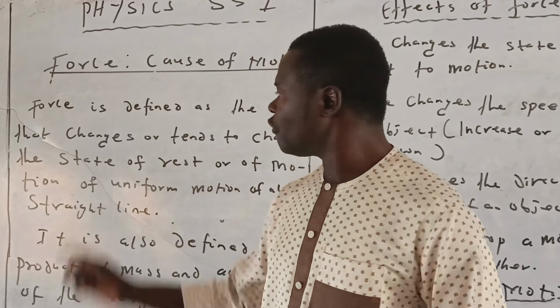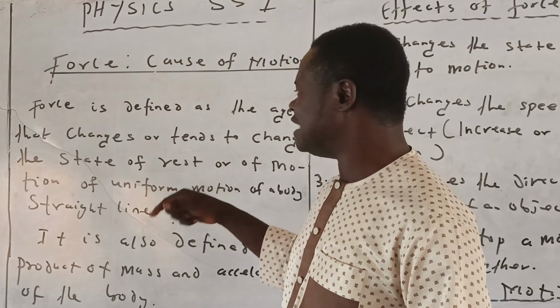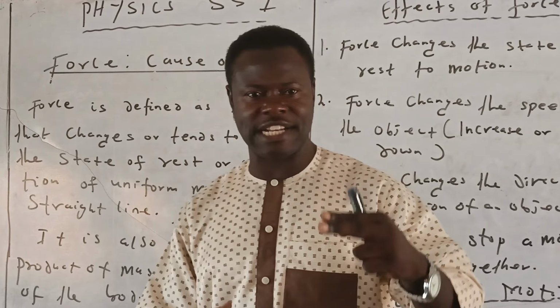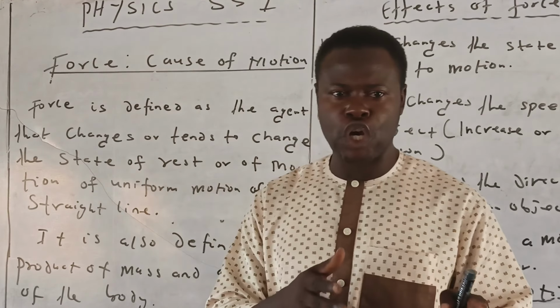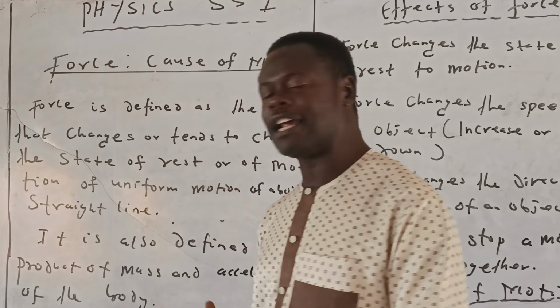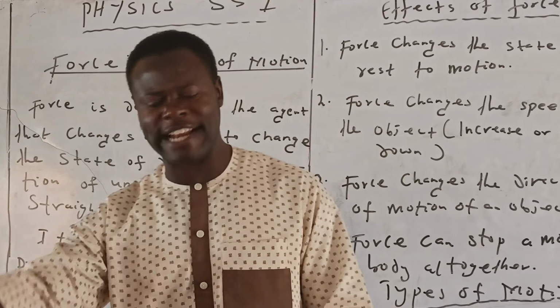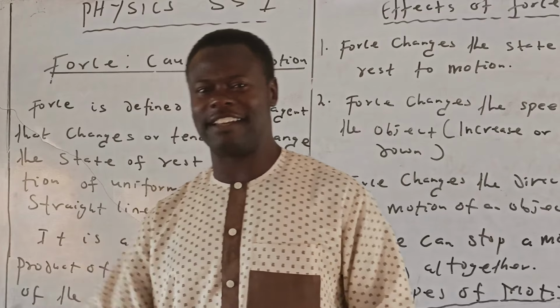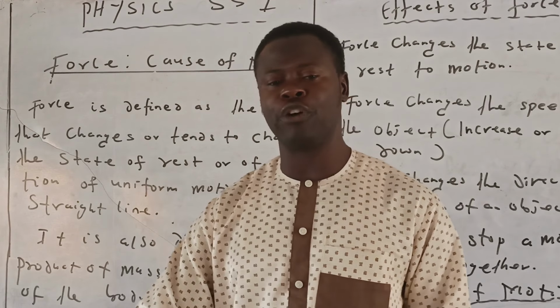Force is defined as the agent that changes or tends to change the state of rest or uniform motion of an object in a straight line. Force is also defined as the product of mass and acceleration. What then is the unit of force?